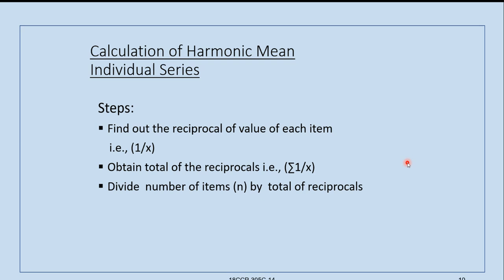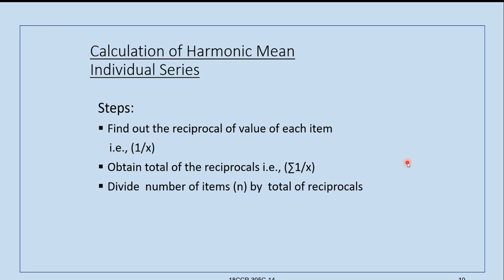So as I explained, reciprocal means 1 by that value. Suppose here some values are given: 10, 8.5, 20, 0.8, like this. So 1 by that value, 1 by that value. For each value of x, we will take the reciprocal in the second column.